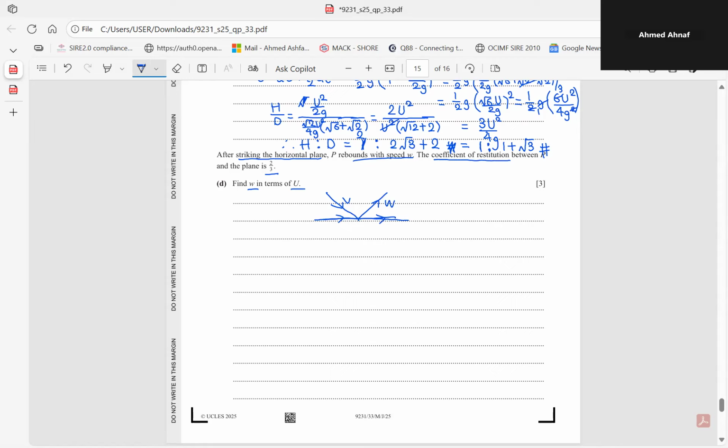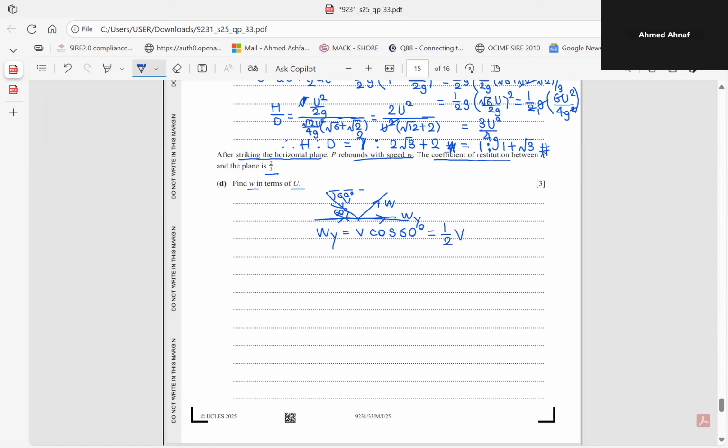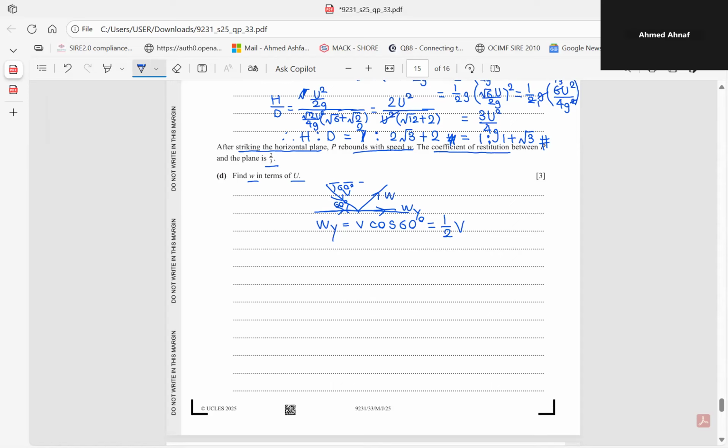Okay, so let this be WY, and then this is 60 degrees because this angle is 60 degrees in here. So WY would just be V cosine 60. So cosine 60, that's half V. All right. And then for WX, we're just going to use the coefficient of restitution formula, speed of separation over speed of approach.